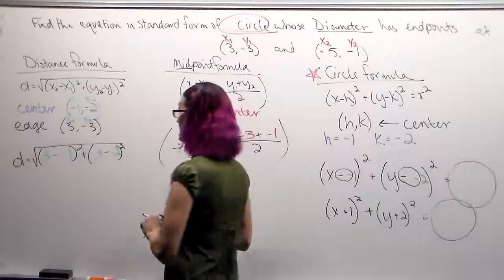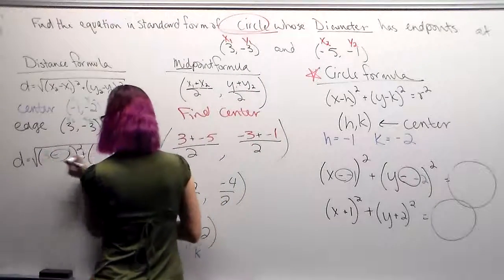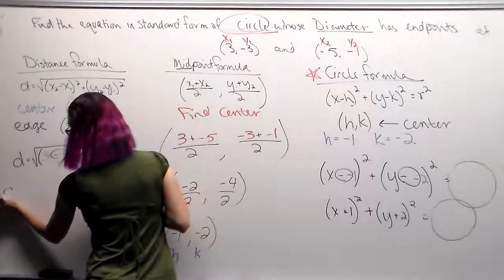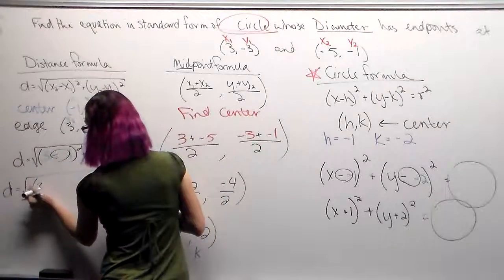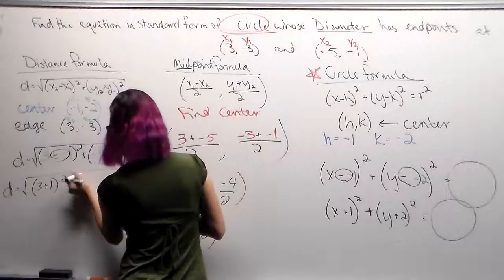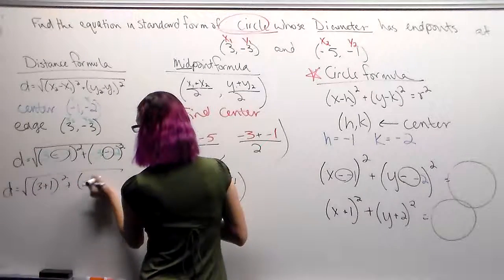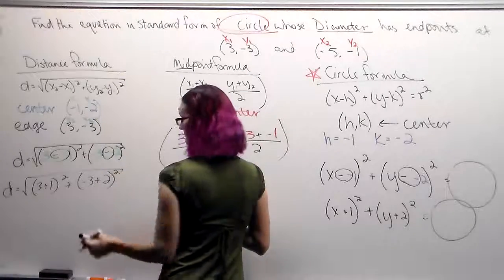Okay, so that's everything plugged in. I do have two double negatives that I'm going to have to work with. So I'm going to simplify those away real quick. 3 plus 1, and −3 plus 2, squared.